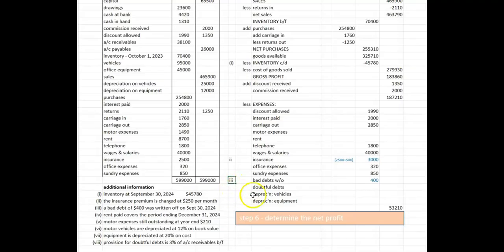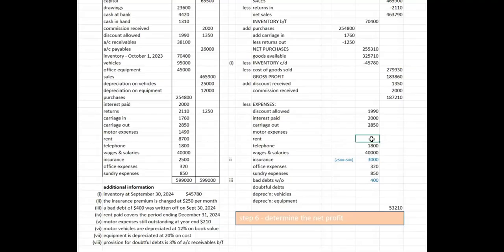The fourth one says rent paid covers the period down to December the 31st. But we are only going to September, so that will leave us with October, November, December, 3 additional months. So I have to find out how much I actually paid for the whole year and remove the piece that does not cover the year in which I am in. That is the extra 3 months.